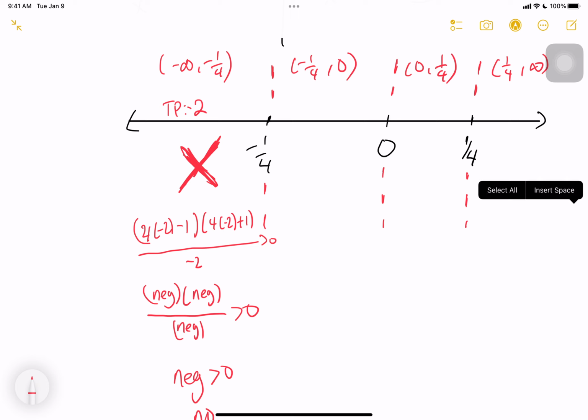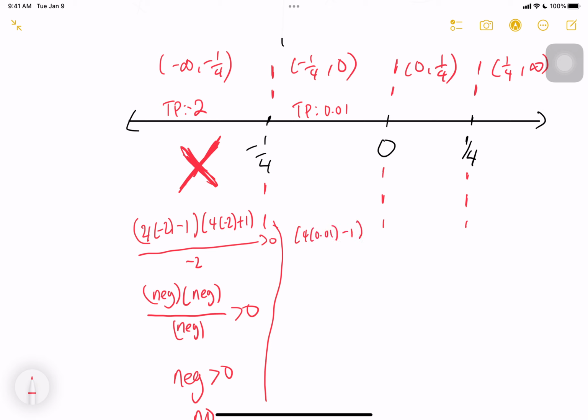I need a number between negative 1/4 and 0. Negative 1/4 is negative 0.25. I'm going to use negative 0.01. So that's what I got to plug in. So that's going to be 4 times negative 0.01 minus 1 multiplied by 4 times negative 0.01 plus 1.